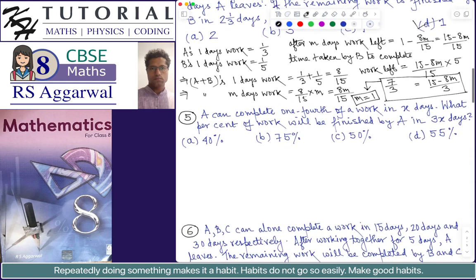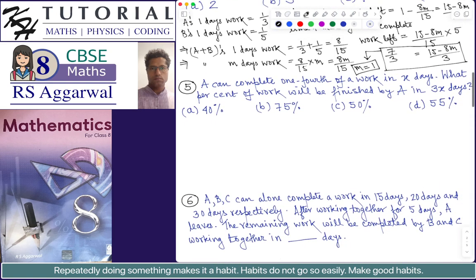Okay. Problem number 5. A can complete 1/4 of a work in X days. So this statement, you can consider as that A can complete 1 by 4 work in X days. Now, what percent of work will be finished by A in 3x days?